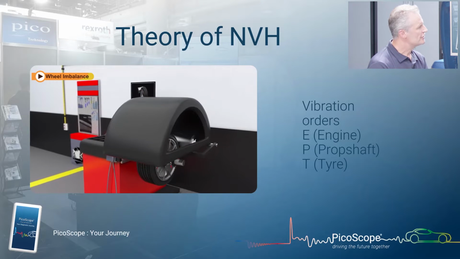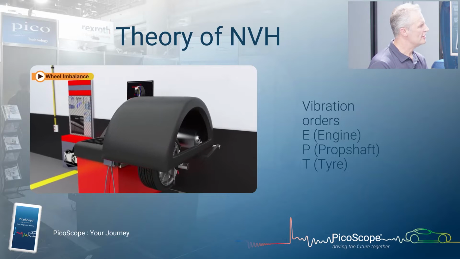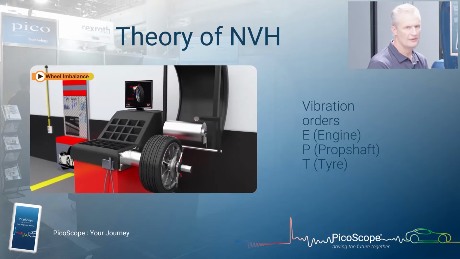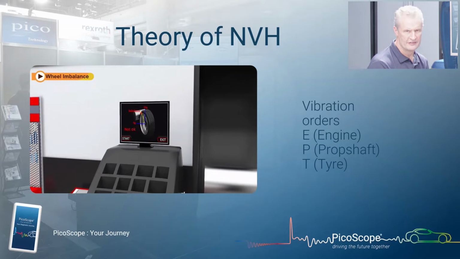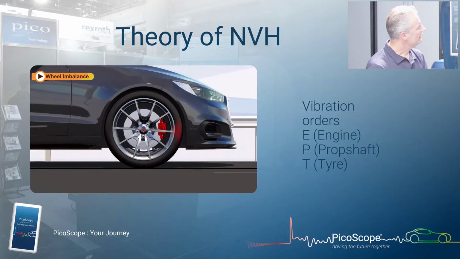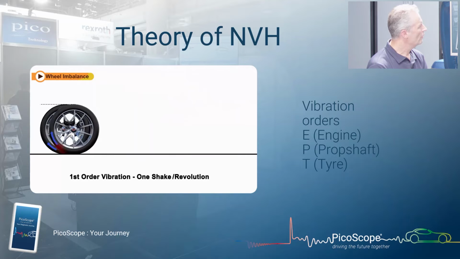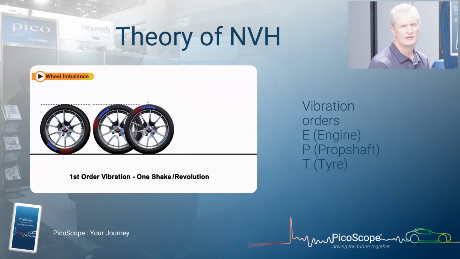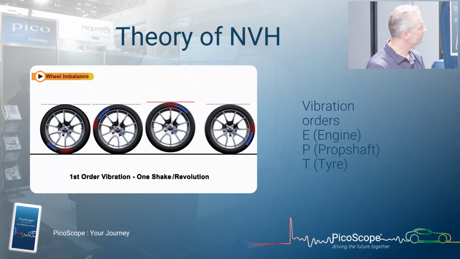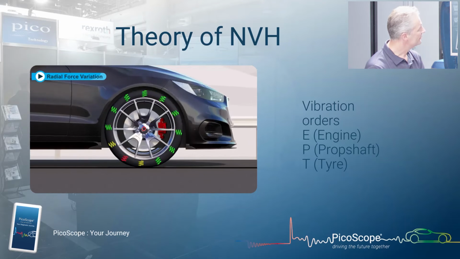There was a little animation there about placing weights about the wheel, and whilst you may have 10 gram and 5 gram in different locations, the ultimate imbalance is in one direction only. So here we have an imbalanced wheel, and that is going to generate 1 disturbance per revolution of the wheel. That's what we refer to as a first order tyre vibration.